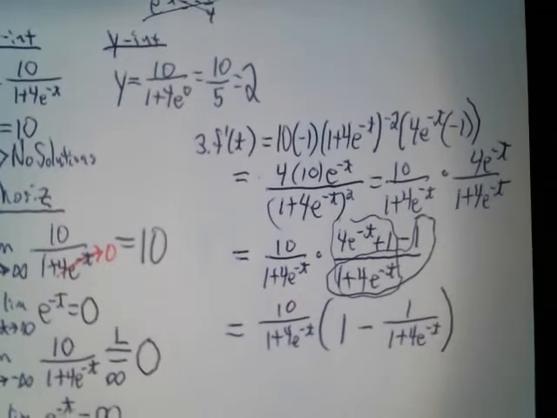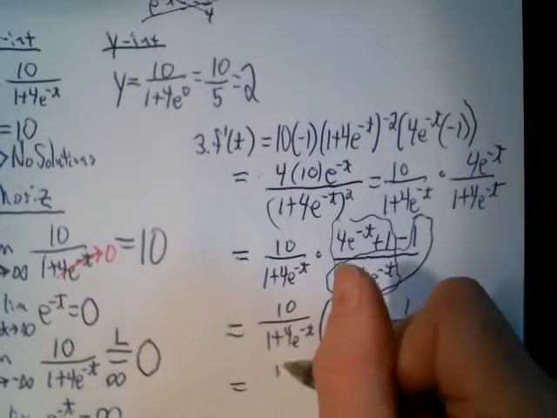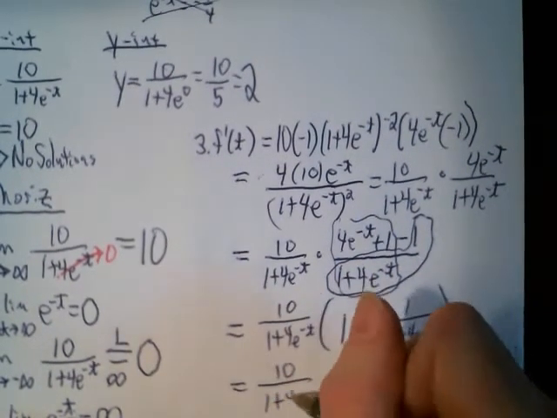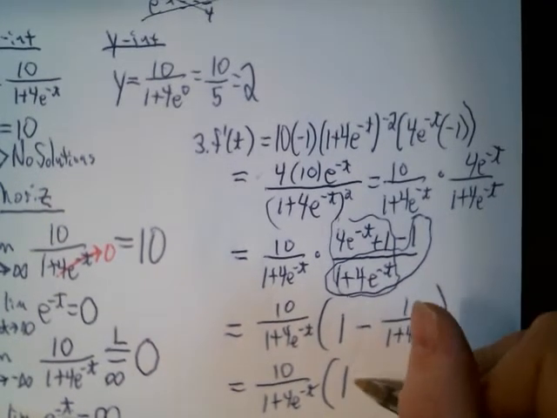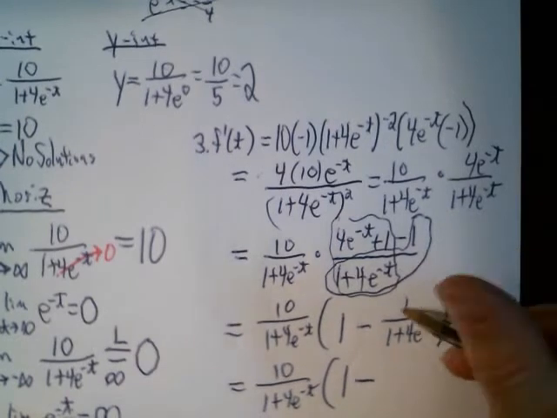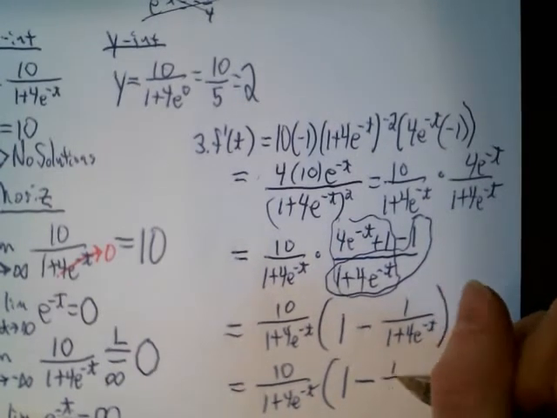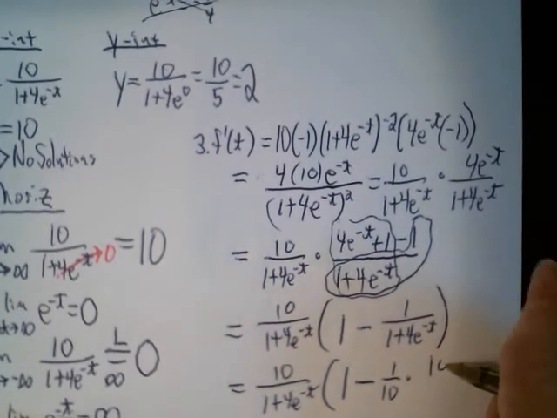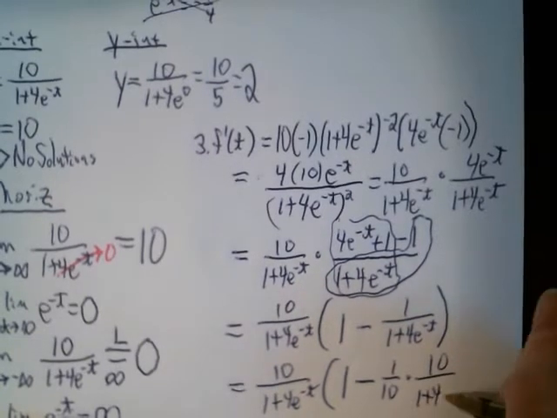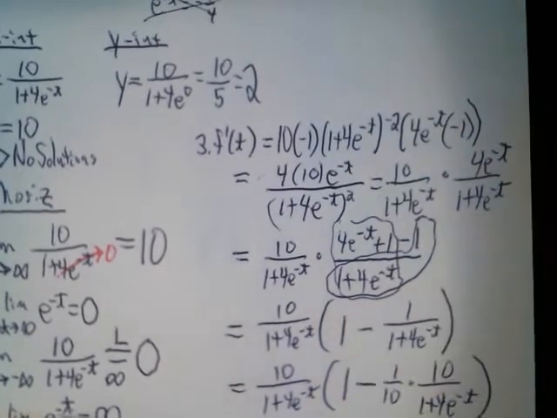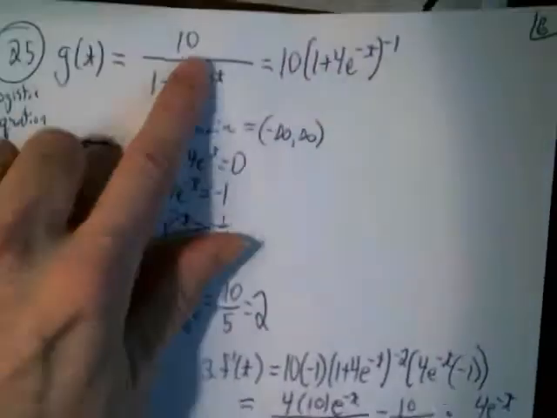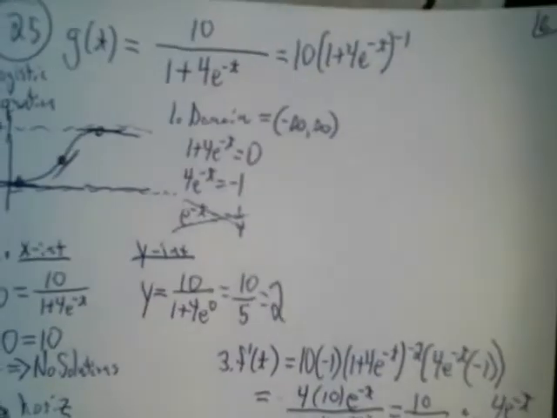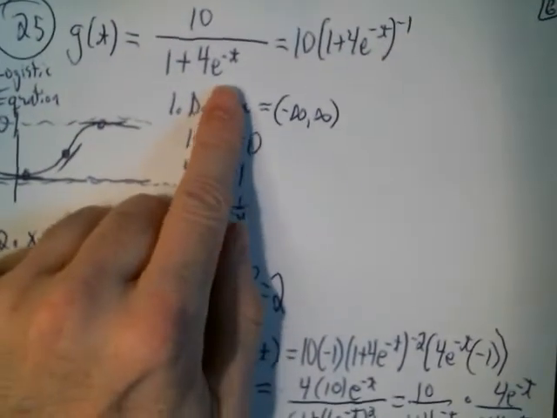And then this thing here will have 10 all over 1 plus 4e to the negative t times 1 minus, we can rewrite this as 1/10 times 10 all over 1 plus 4e to the negative t. And then what is this? Well, look, as I was saying, there's bits and pieces of the original function in the derivative.